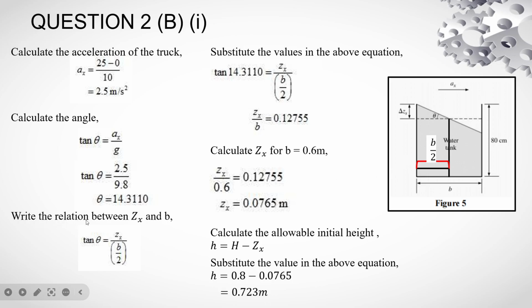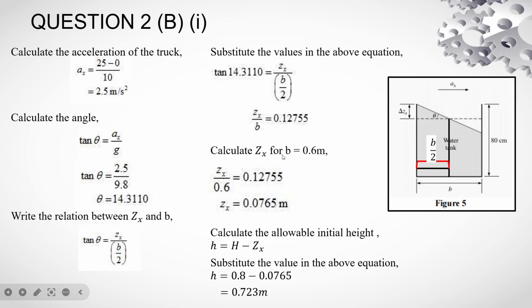And then we write the relation, which is tangent theta equal to zs divided by b divided by 2, and we substitute the values in both equations, which is tangent 14.3110 equal to zs divided by b divided by 2, and we get this value.